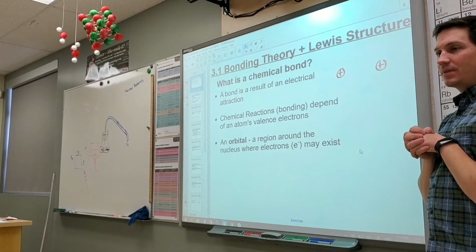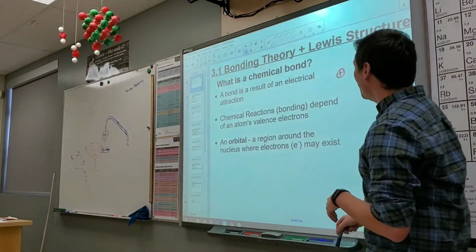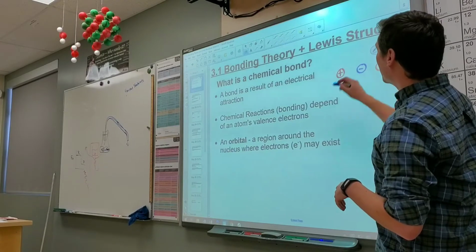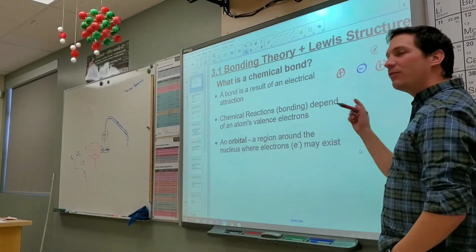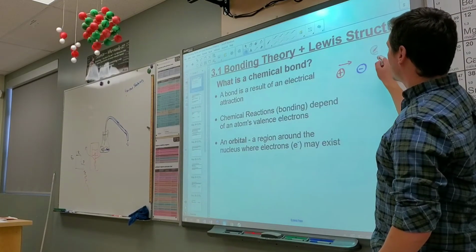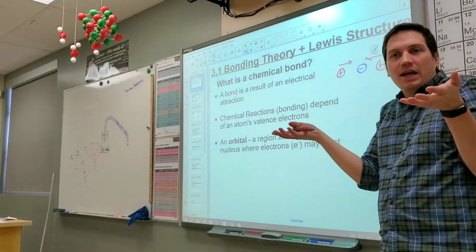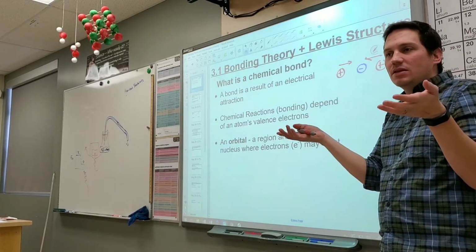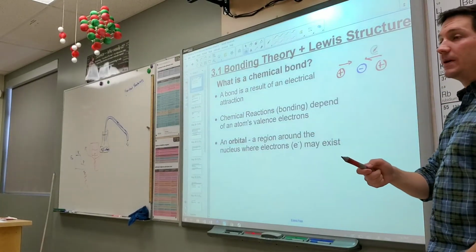Add a negative. Change one of them into a negative. No, we could put a negative in the middle. Would you agree that if we put a negative in the middle, this thing's attracted to that, this thing's attracted to that, and they should get relatively close together? Now, I totally agree with you.